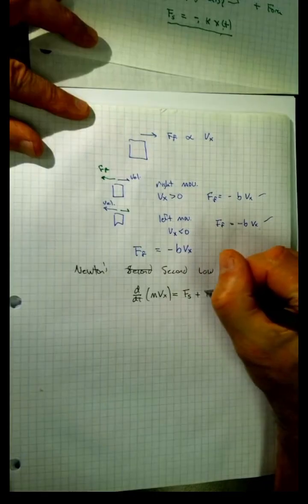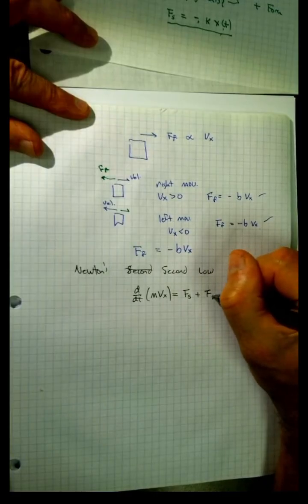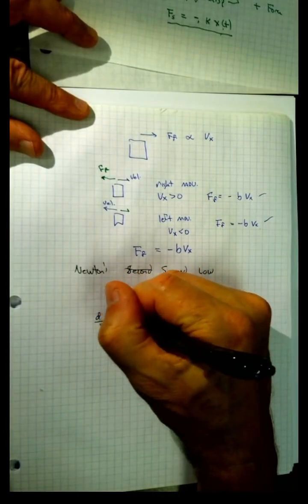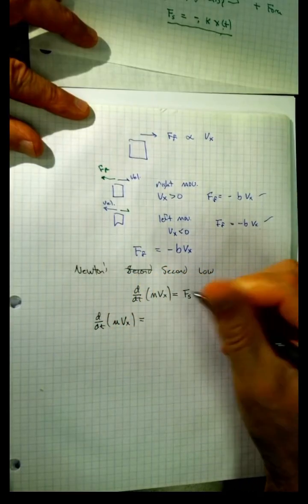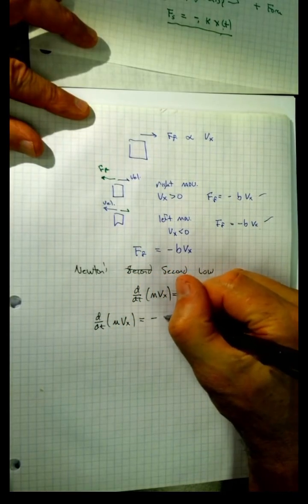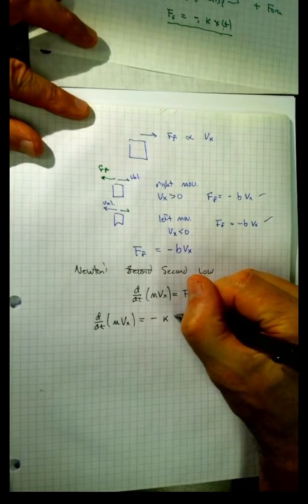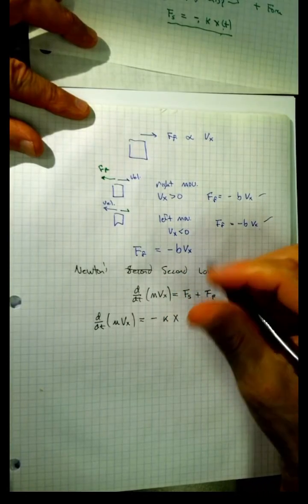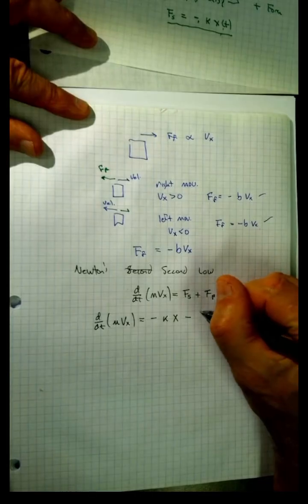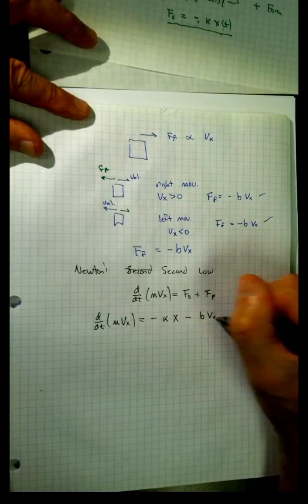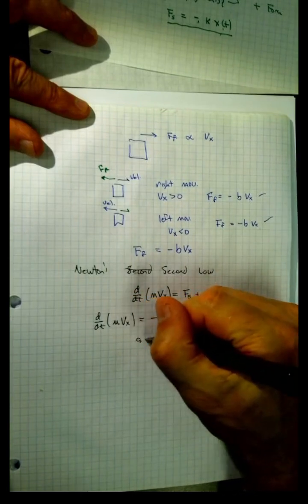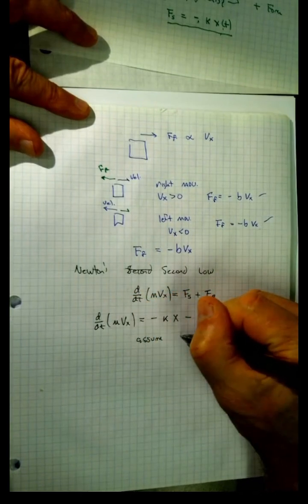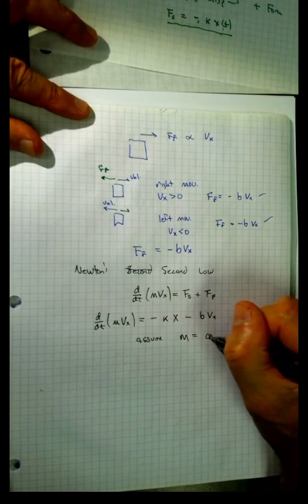I'm just adding the force due to the friction. So I've got the time derivative of m vx is going to be minus k times x. That's my displacement. That's the force due to the spring, minus b times the velocity. And I'm going to assume for now that m is a constant.